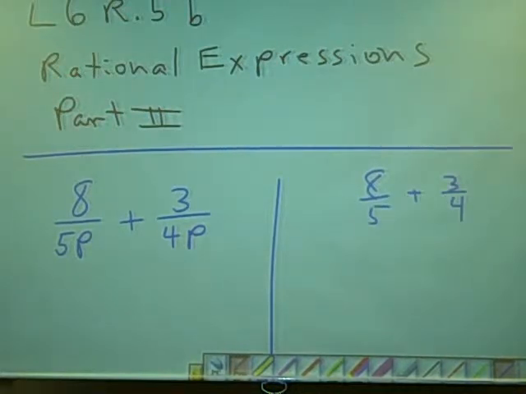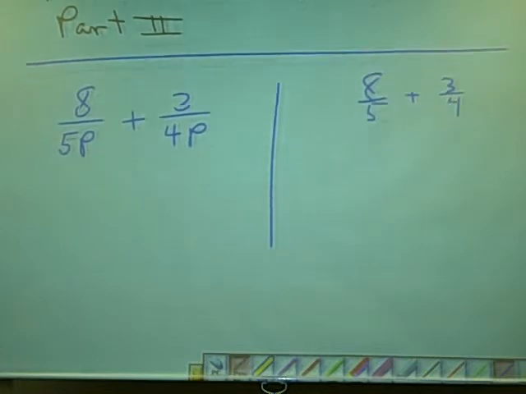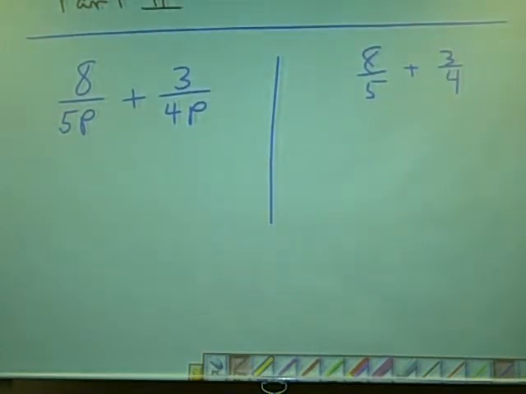If we were just trying to add those, no p's, we would need a common denominator here, which would be what? 20, right? So that means we would have to multiply, here we have 5, so we'd have to multiply 4 over 4 here.